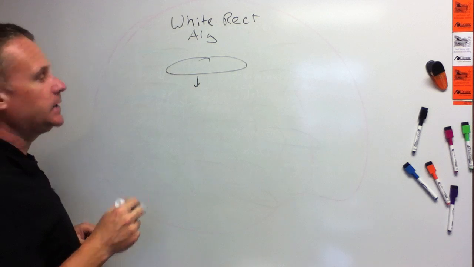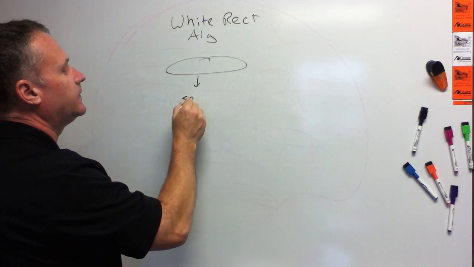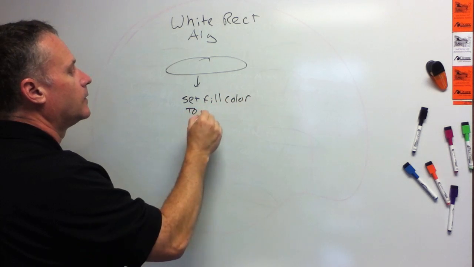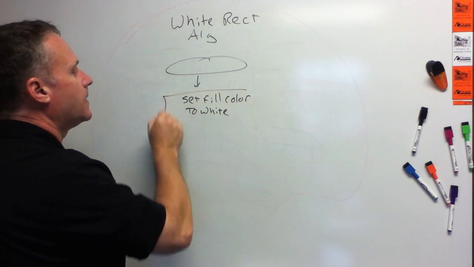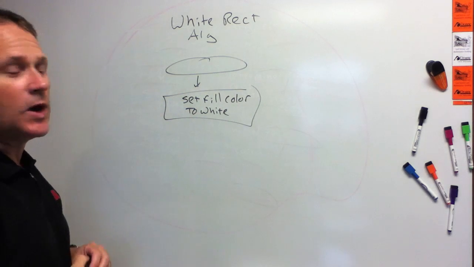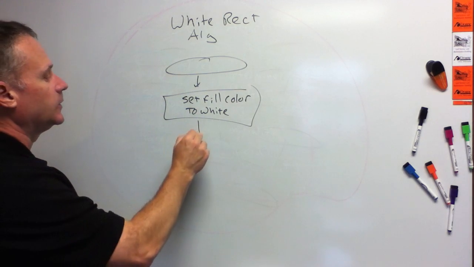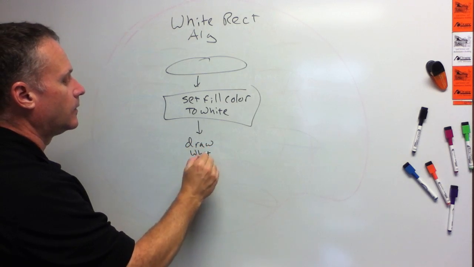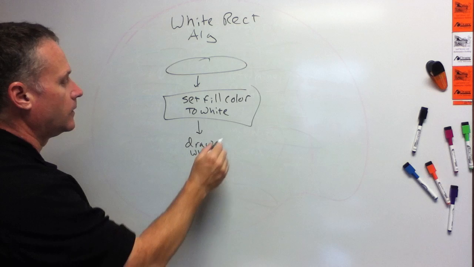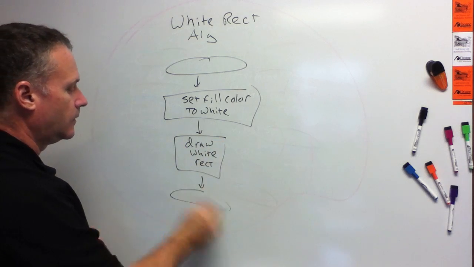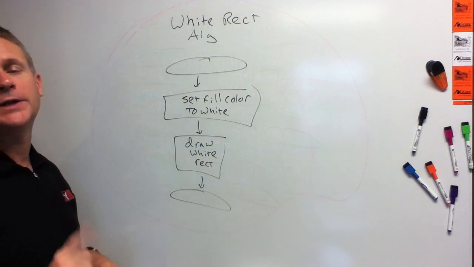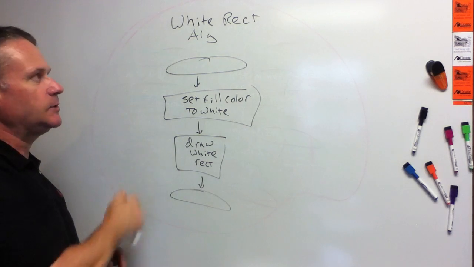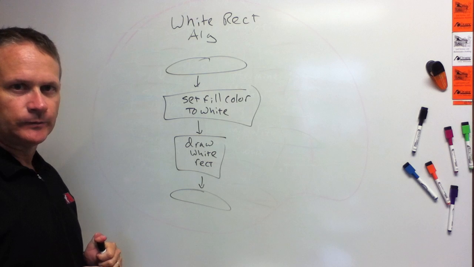So all I really need to do is set the fill color I'm going to use when drawing rectangles to white. And then I'm going to draw the white rectangle. Very simple. Okay? So after I've done setup, I'll do these steps in order to draw my white rectangle.